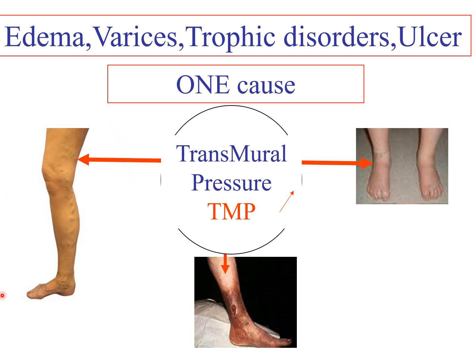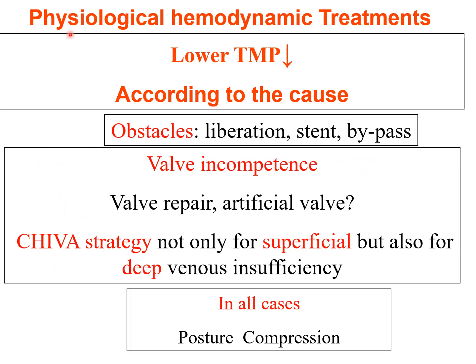So whatever the clinical aspect of the patient, if the TMP is not excessive, the cause cannot be a venous insufficiency. A good knowledge of venous physiopathology, particularly hemodynamic, leads to physiological hemodynamic treatments, that is, lower the TMP according to the cause. For obstacles: liberation, stent, bypass.